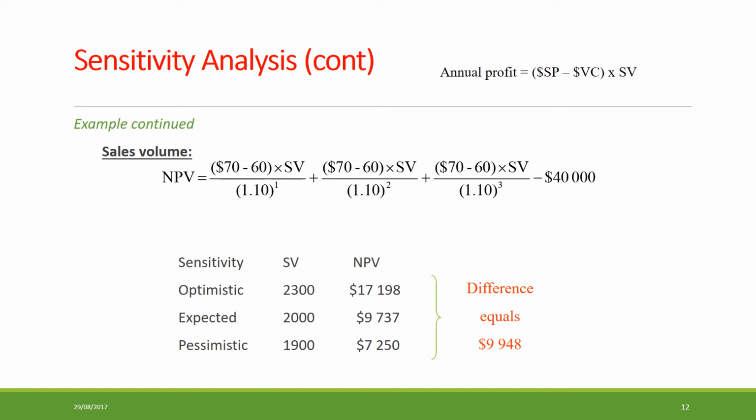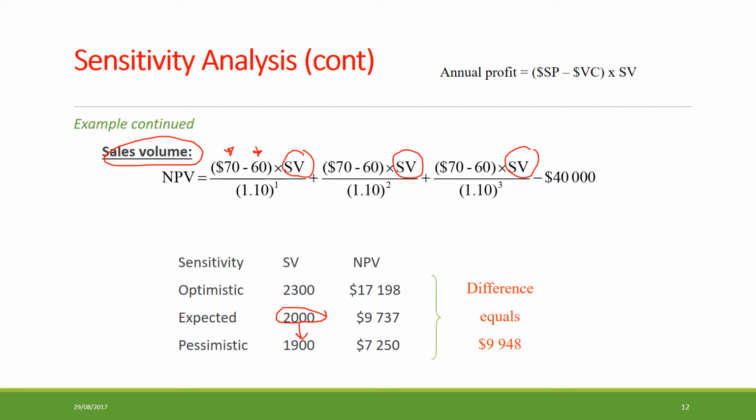Continuing on the same example, we do the same sensitivity analysis for the sales volume. So we fix the sale price, we fix the variable cost estimate, we vary the sale volume, right? Our base case estimate, our expected number, is 2,000.